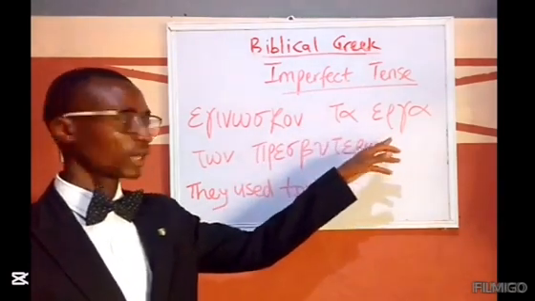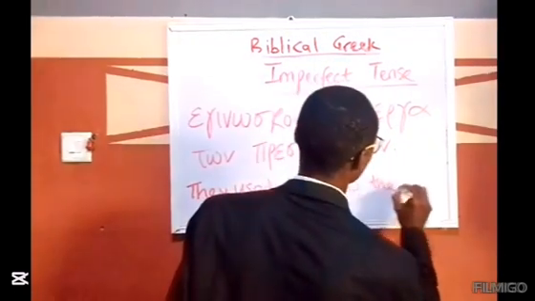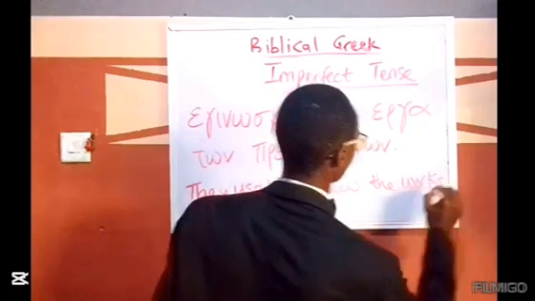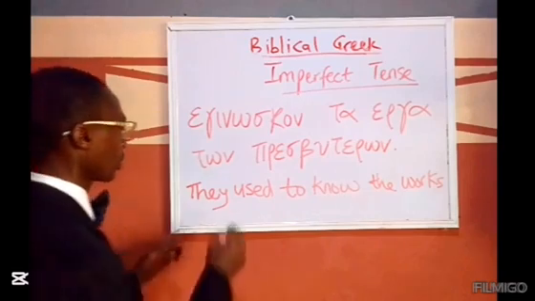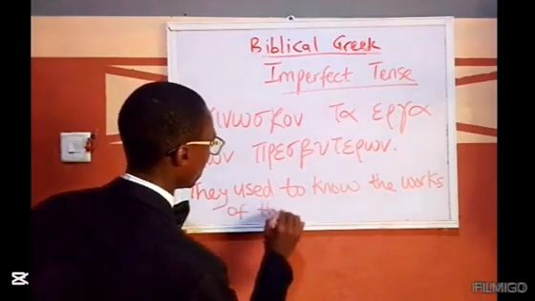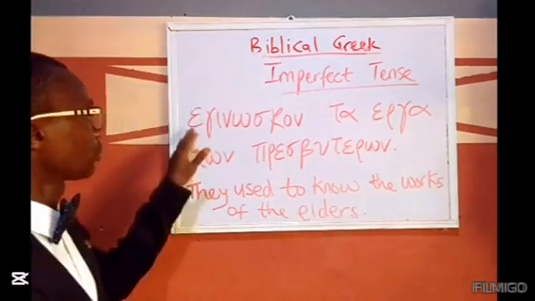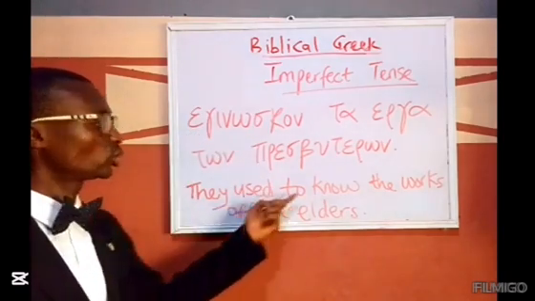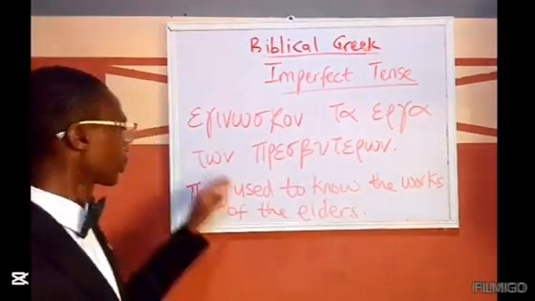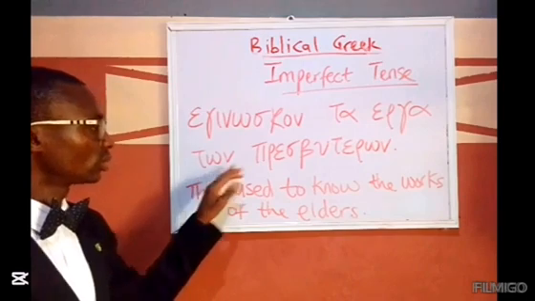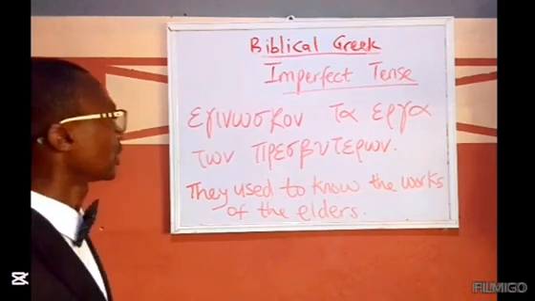Ta erga means the works. Then we have ton presbyteron, which is of the elders. So egnoskon, they used to know; ta erga, the works; ton presbyteron, of the elders.